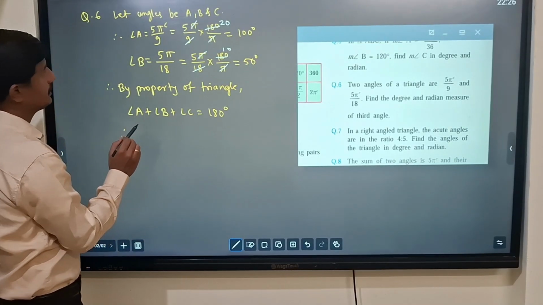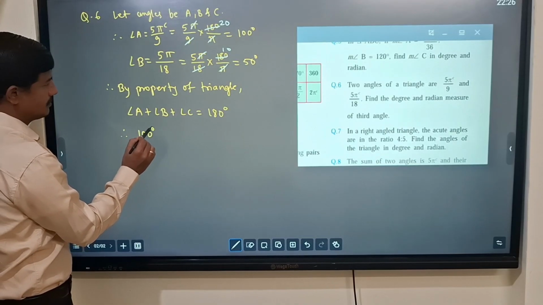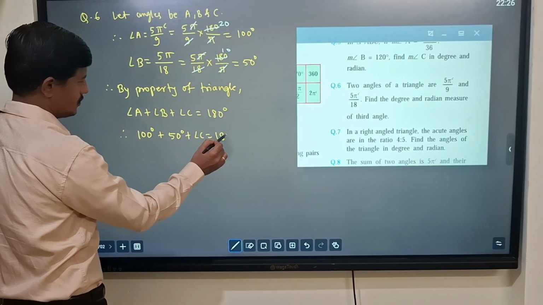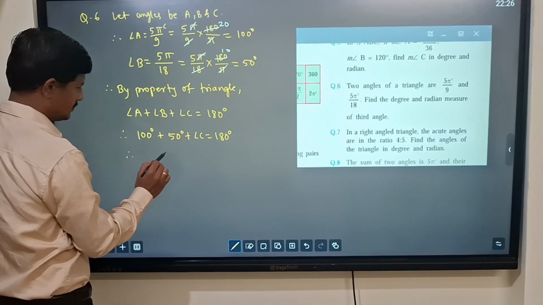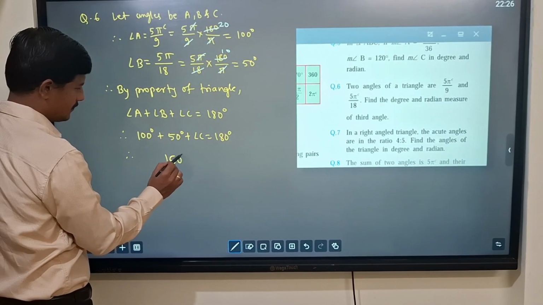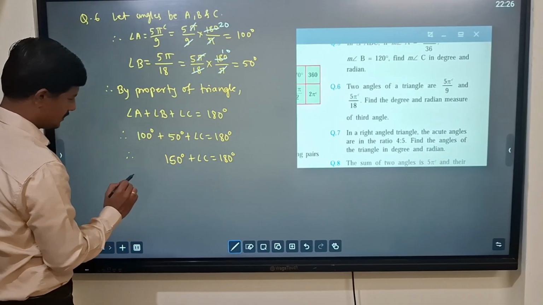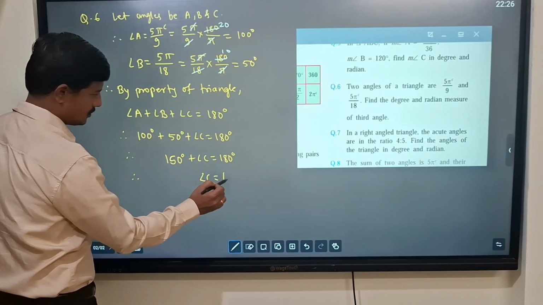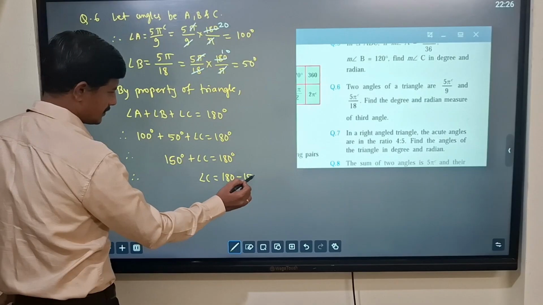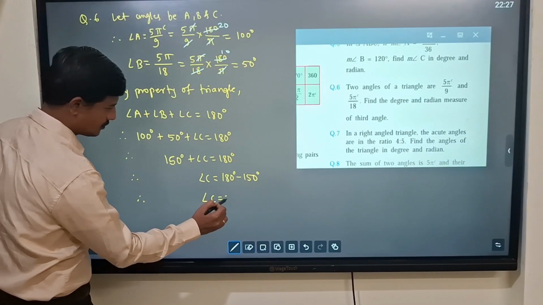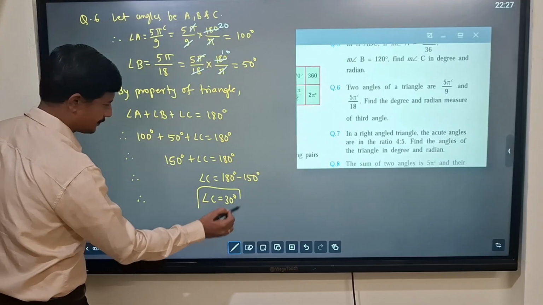Therefore, angle A is 100 degrees plus angle B is 50 degrees plus angle C equal to 180 degrees. So this becomes 150 degrees plus angle C equal to 180 degrees. Therefore, angle C is equal to 180 minus 150 degrees. Therefore, angle C equals 30 degrees.